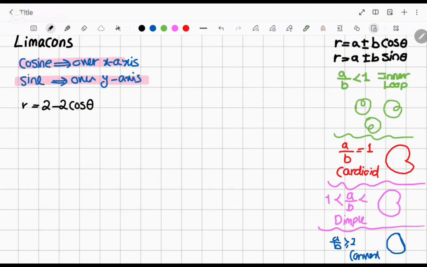Everything is going to get much easier. So I'm going to write this in x and y form, and I'm going to be back with the coordinate plane.